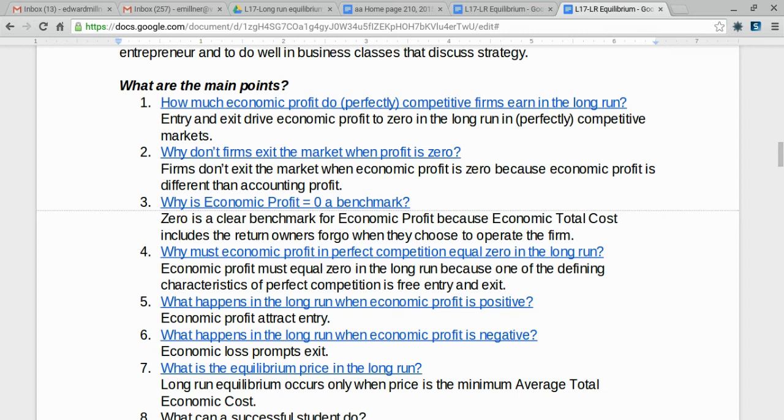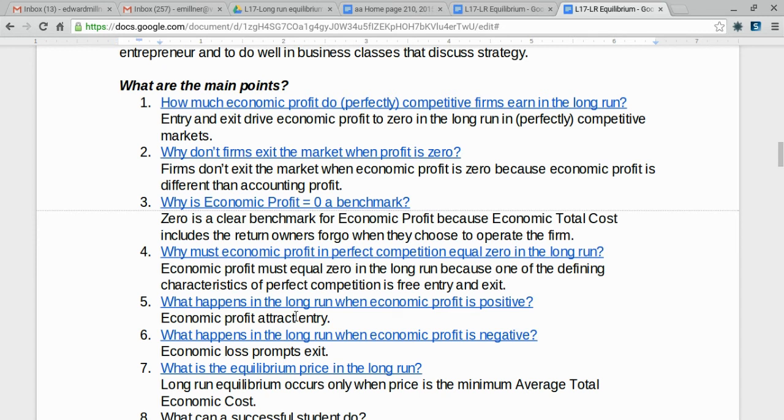Fourth, economic profit must equal zero in the long run because one of the defining characteristics of perfect competition is free entry and exit. The fifth point talks about what happens in the long run when economic profit is positive. Economic profit attracts entry.